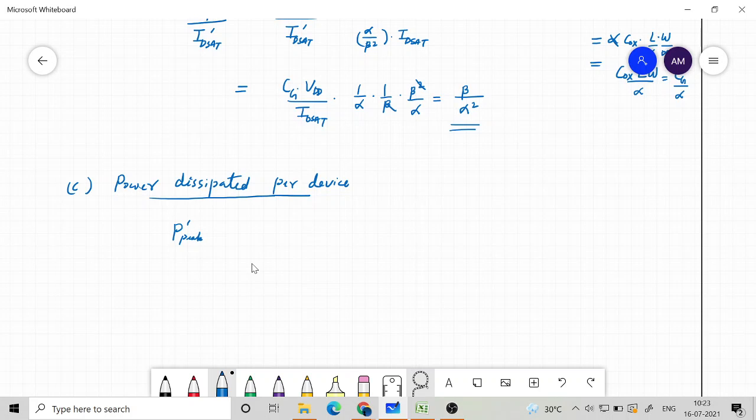So peak power for the new node, we will define it like this, ID sat. This is not particularly the dynamic power or static power or short circuit power. There are three kinds of power which we looked at earlier, but this is just an estimate which captures everything in just one quantity, which is basically the saturation current multiplying with VDD.